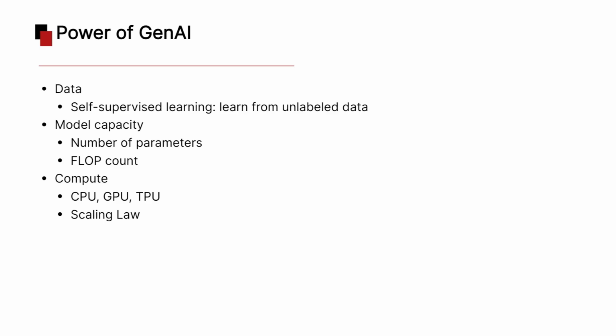Finally, there's the scaling law, an empirical observation that model performance tends to improve predictably with more data, larger models, and more compute. This is why the biggest breakthroughs often come from pushing all 3 dimensions together. In short, generative AI's power is a product of massive datasets, huge models, and immense compute, all working in harmony.